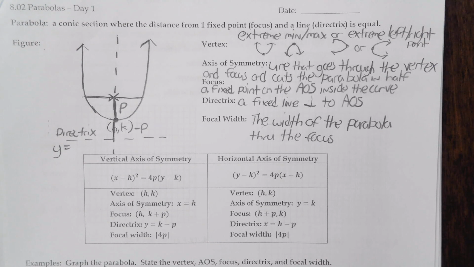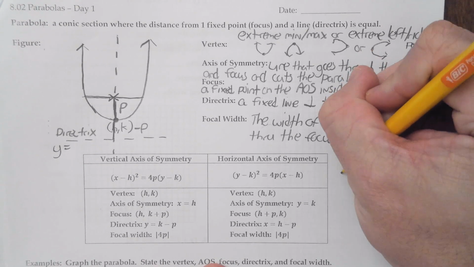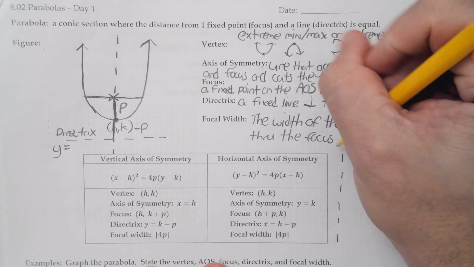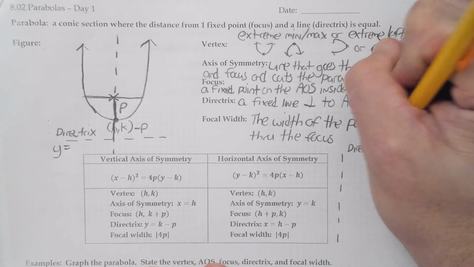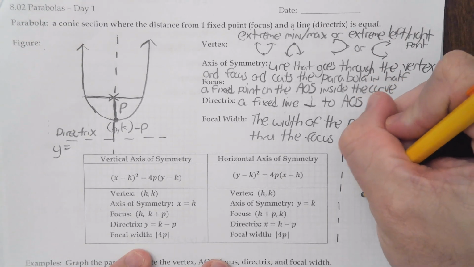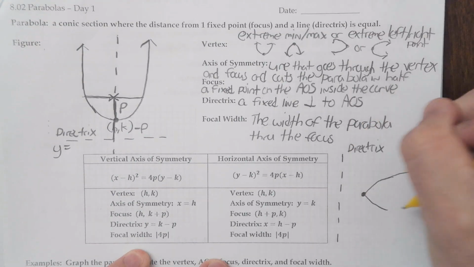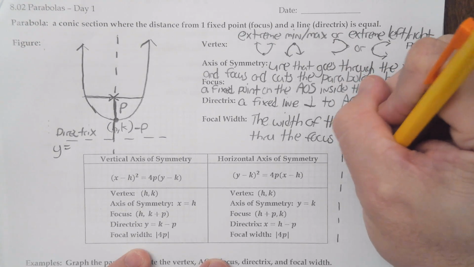If the parabola opens up or down, I'm going to draw off to the side here too, if it were to open left or right, so you can get a gist of it. Pay attention here. Because it's opening to the right, this is our directrix. We're going to draw our vertex here, that's (h, k) because that's our vertex.